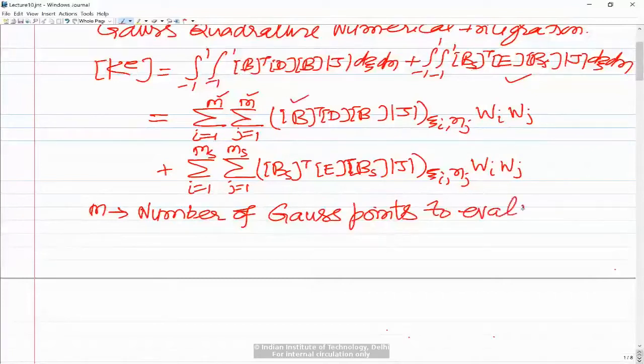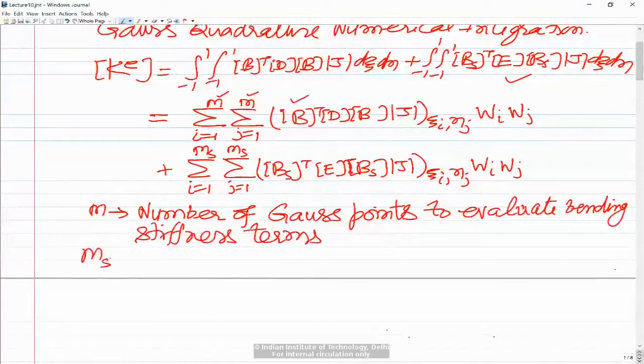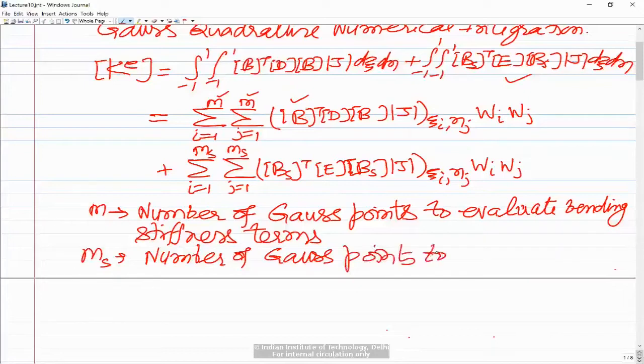So we call that bending stiffness terms. And Ms is the number of Gauss points to evaluate transverse shear stiffness terms.